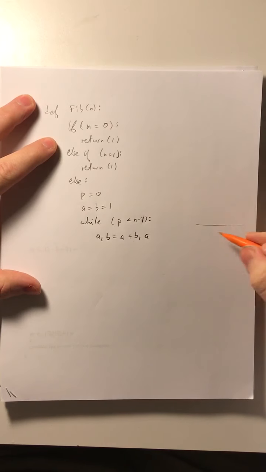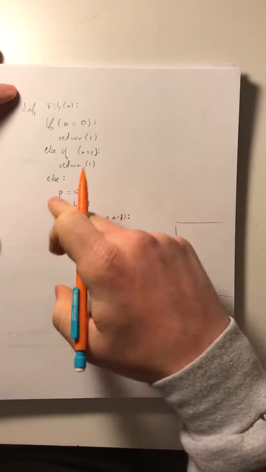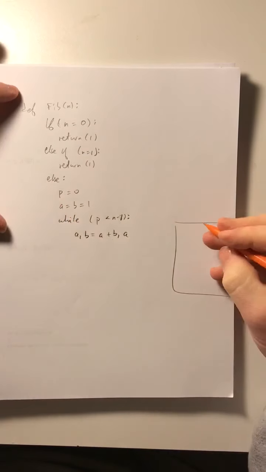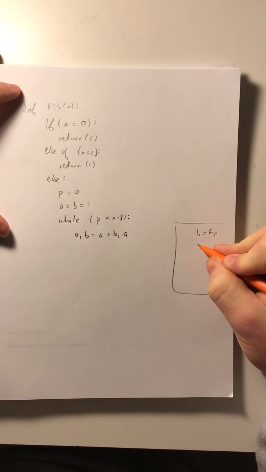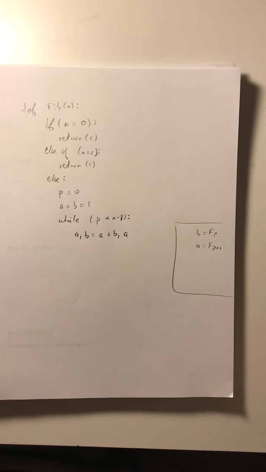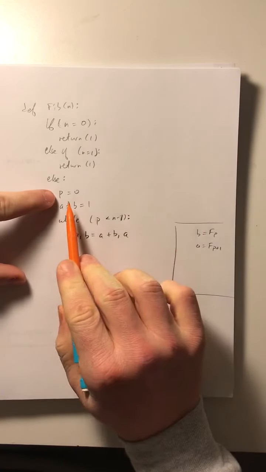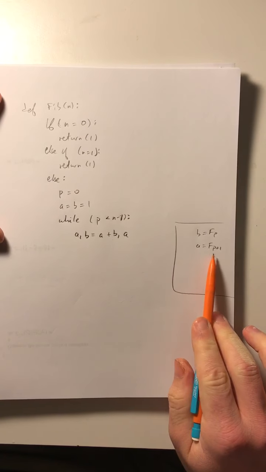Over here I'm just going to make a comment. In my mind, as I go through this process, b is going to be f_p, and a is going to be f_(p+1), and p is starting at 0, so initially b is f0 and a is f1.